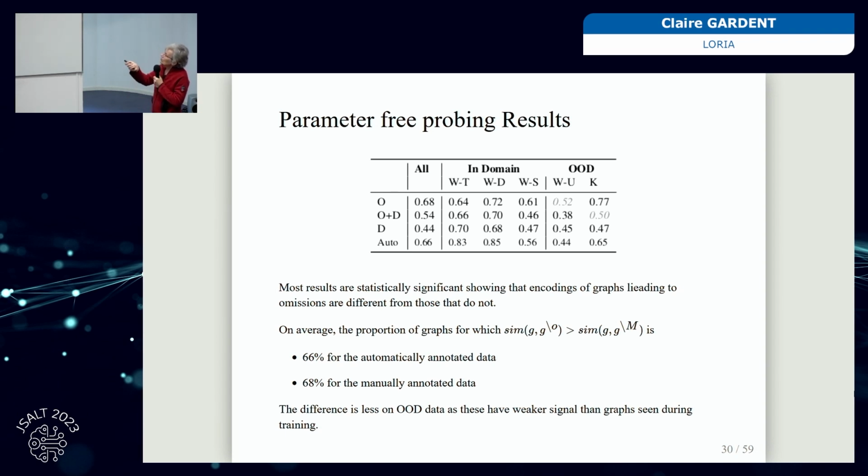The other interesting thing is that when you are out of domain, on entities that have not been seen or rarely been seen at training time, again the difference is not so big. We hypothesize this is because, since the entities have not been seen, they also have a weak signal, a bit like omitted entities.